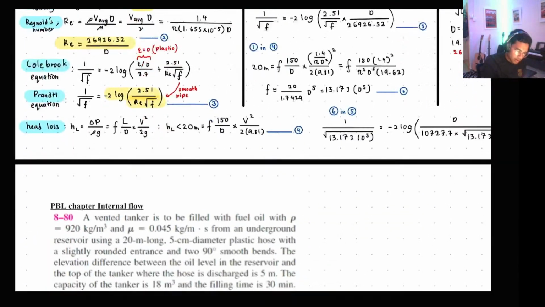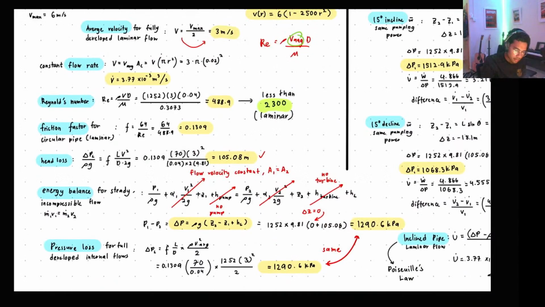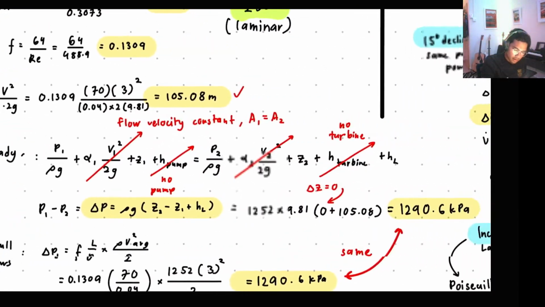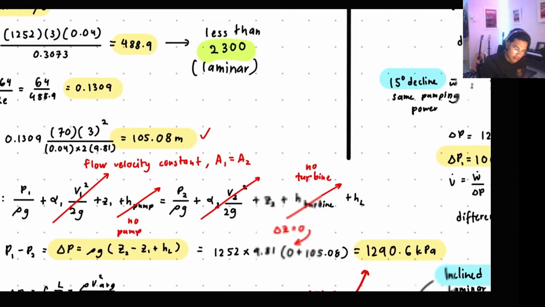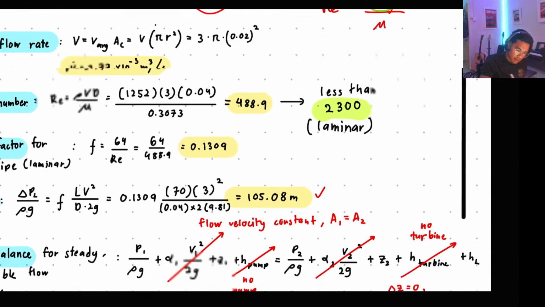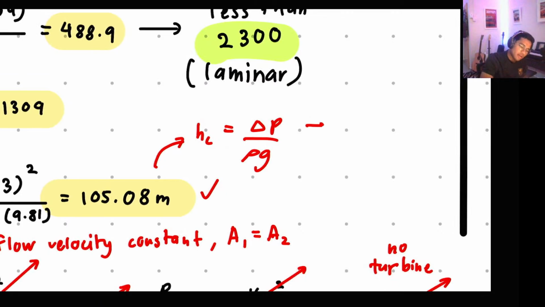So from the head loss kita boleh cari pressure difference. Head loss equals pressure difference over rho g. So nak cari pressure difference, taruhlah dengan rho g.